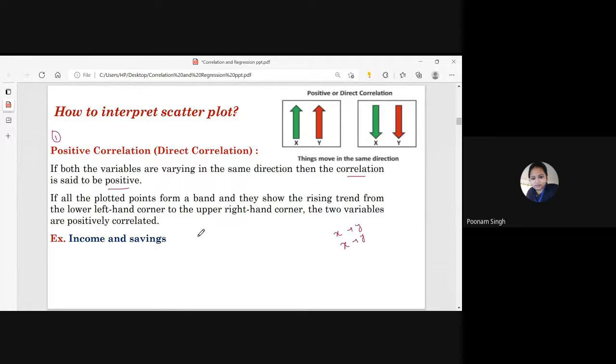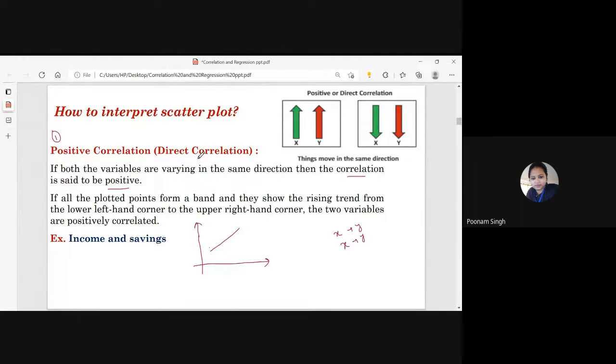Next is how will you interpret it from the scatter plot. Scatter plots, how to interpret. So if all your plotted points form a band and they show the rising trend from the lower left hand corner to the upper right hand corner, the two variables are positively correlated. Okay, so if your points form such type of band, we consider an imaginary straight line.